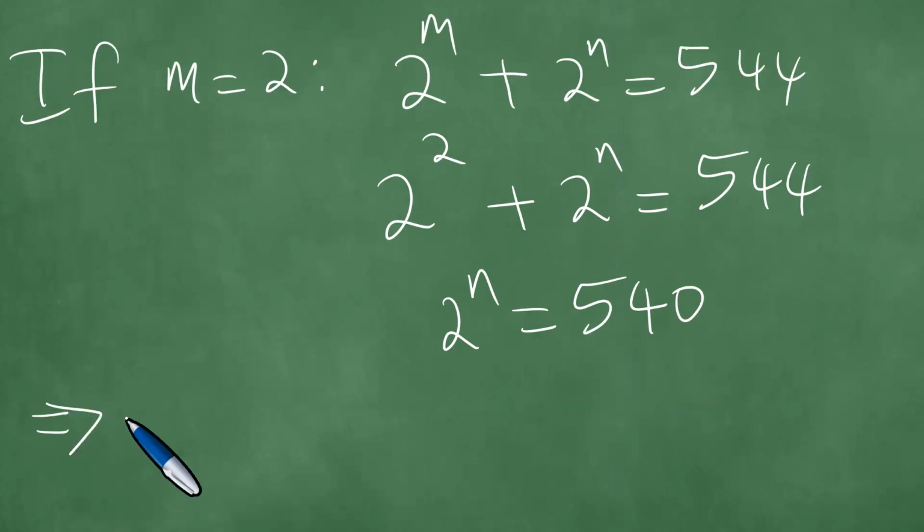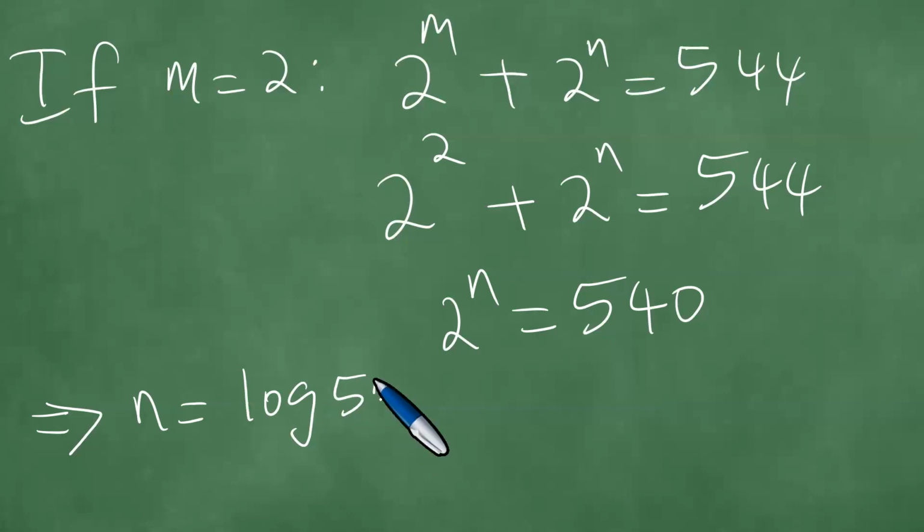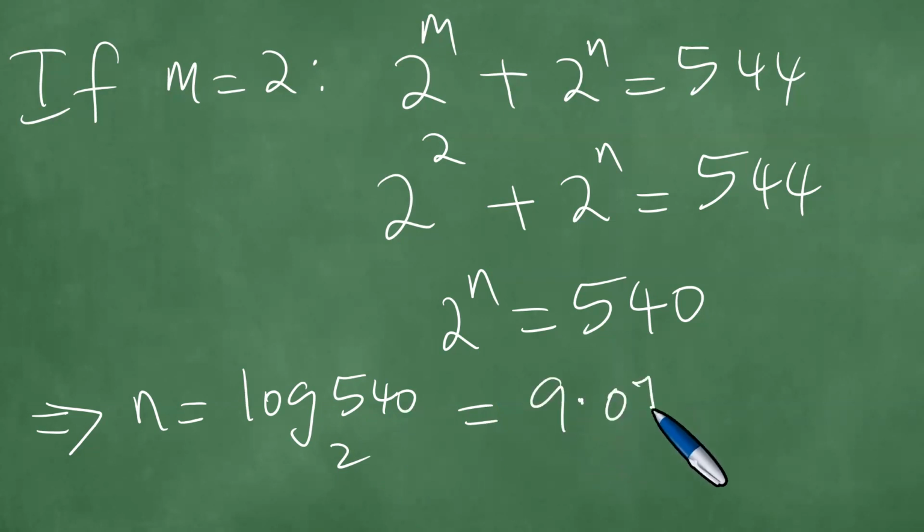Therefore n is the log of 540 base 2, which is 9.07681.